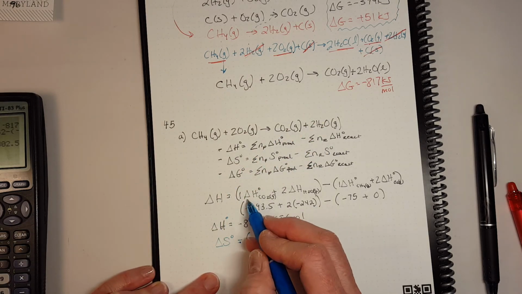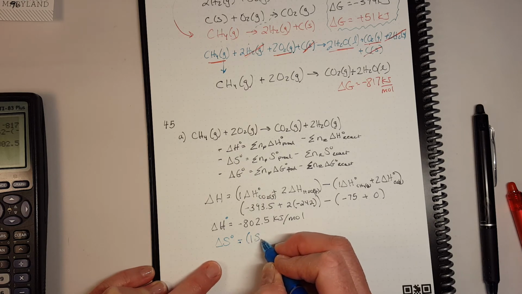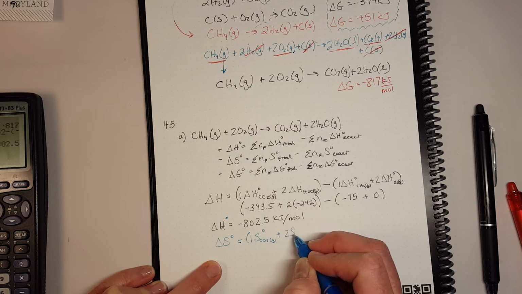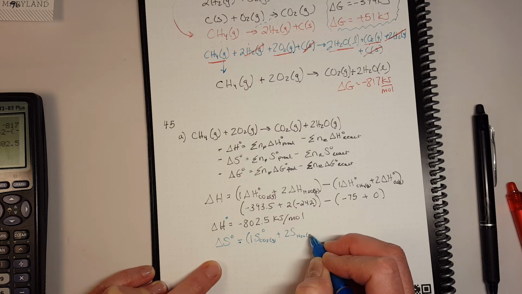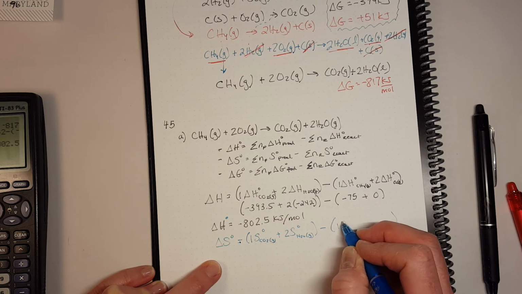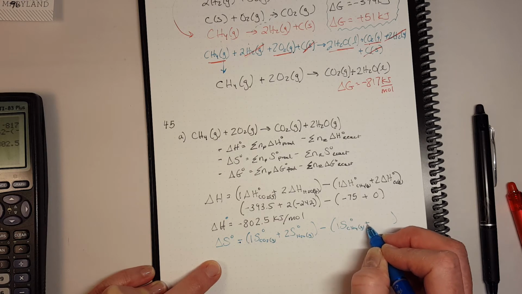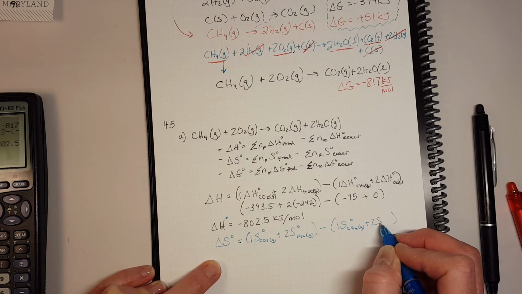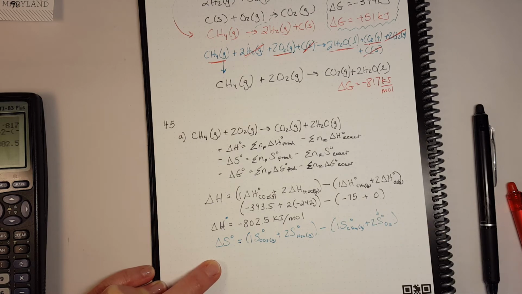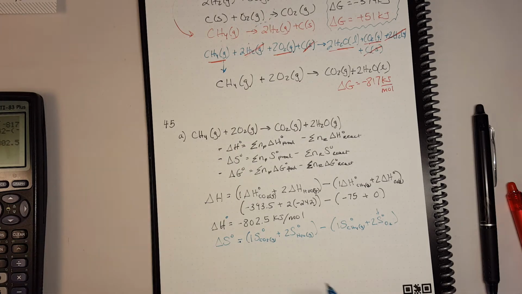So it's exactly the same as this one except they're S's. 1 times the S of CO2 gas in standard state, plus 2 times the S of H2O gas in standard state, minus, in parentheses, 1 times the S of CH4 gas in standard state, plus 2 times the S in standard state of O2. Now careful, this is not 0. The entropy of an atom is not 0 in its elemental form.